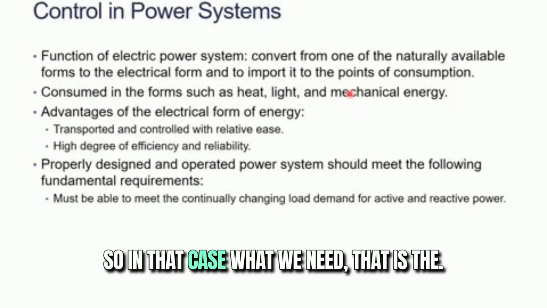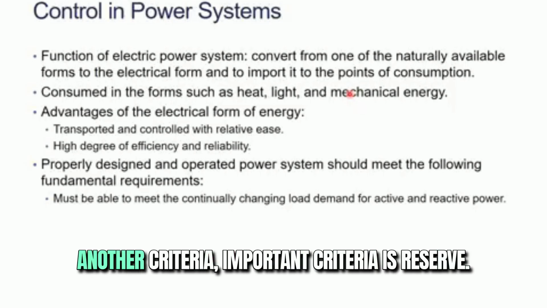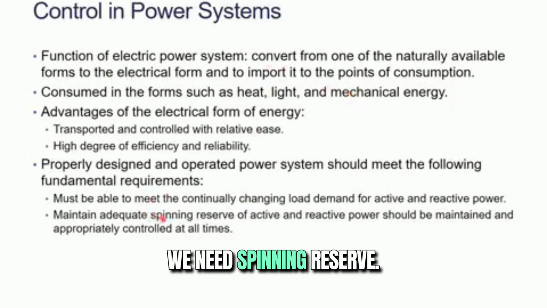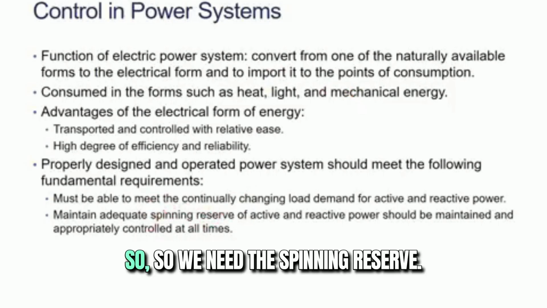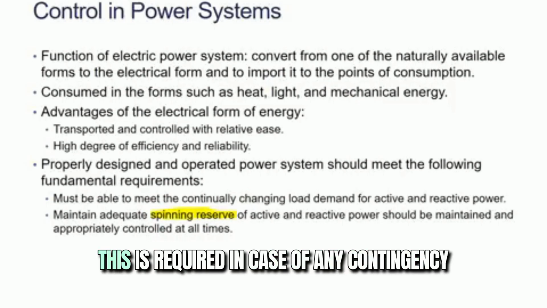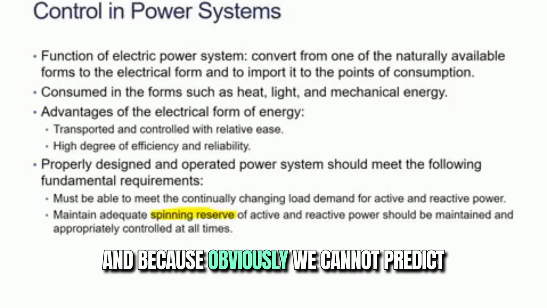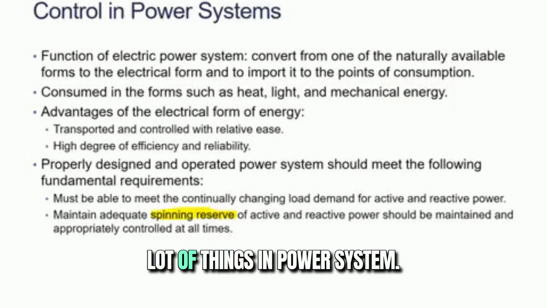So in that case, what we need, that is another important criteria, is reserve. We need spinning reserve. This is required in case of any contingency or any unbalance which is happening, because obviously we cannot predict a lot of things in power system.